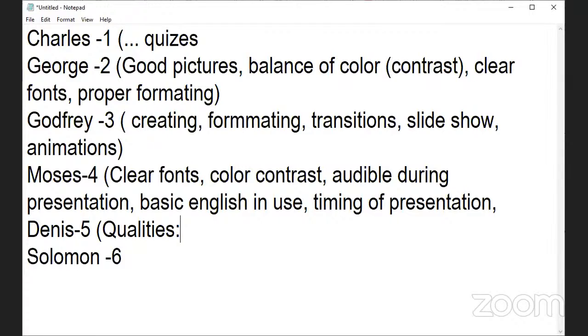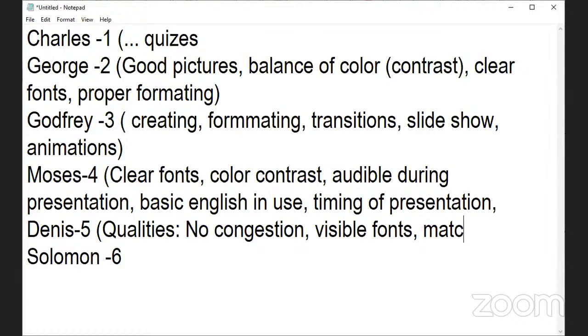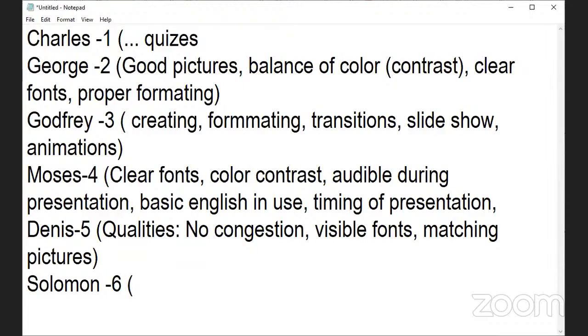The other one is to have fonts that are visible enough, and then the pictures or the diagrams should match the topic of discussion. Our time cut us short. We were trying to show some slides to compare which one is better, but we were cut short.